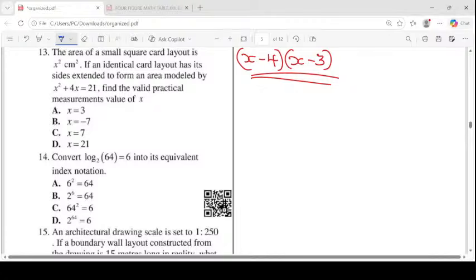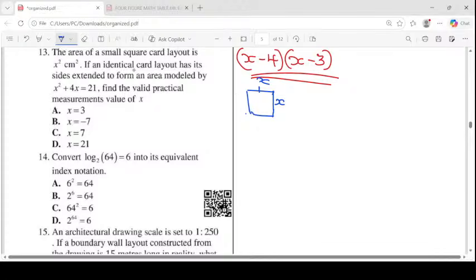So, if you have a square, say for example, assume this is our square. If this value here is x, this other side also is x, so that the area of this square becomes x squared.